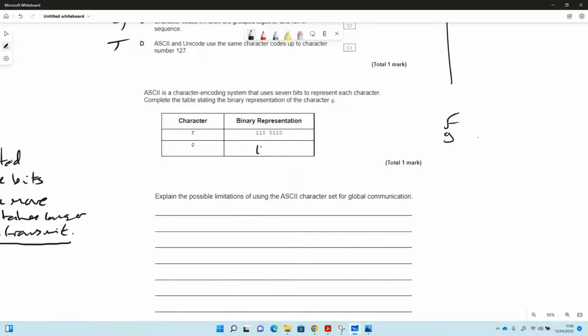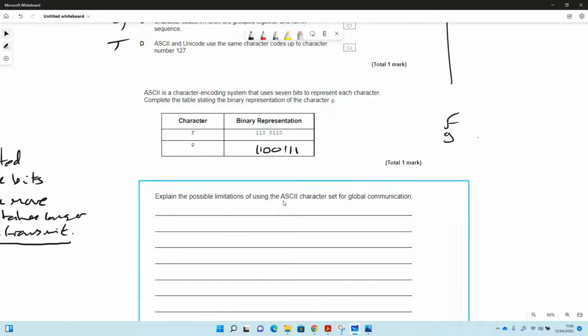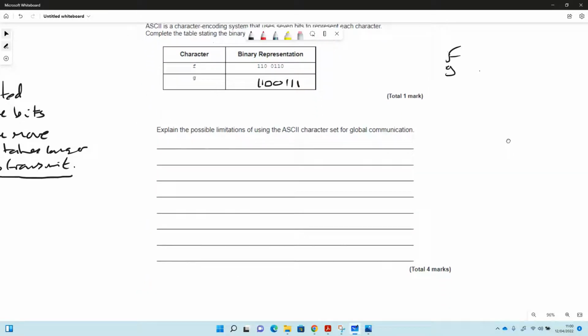So in binary, we're just going to add 1 to that binary number, and it's really easy actually because they've left us a 0 at the end, so that's nice. Incidentally, it's a 7-bit code, so don't represent this as a full byte. Don't put anything else in there, just the 7 bits, that's all we need. And we'll get our mark. If you add an extra character, you will lose the point, so please don't do that.